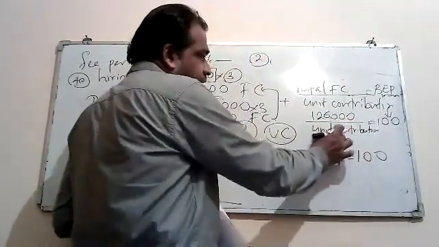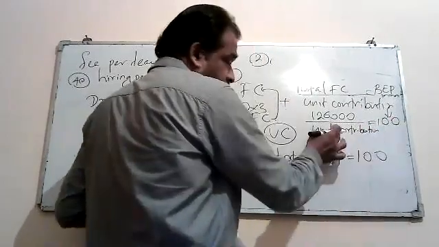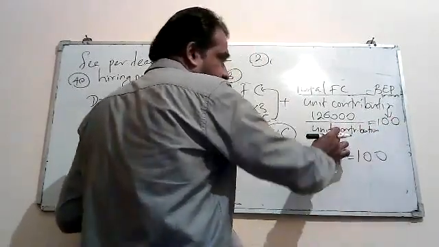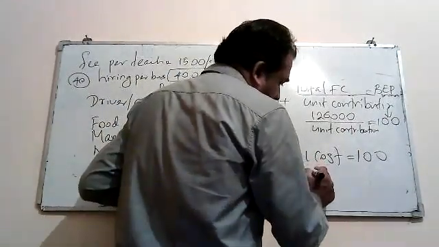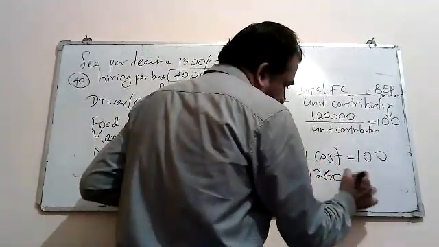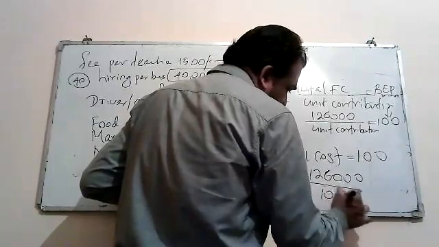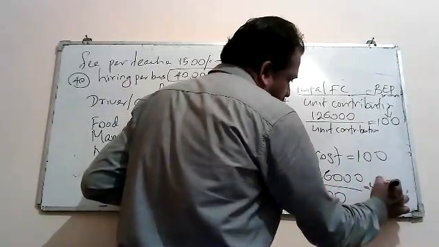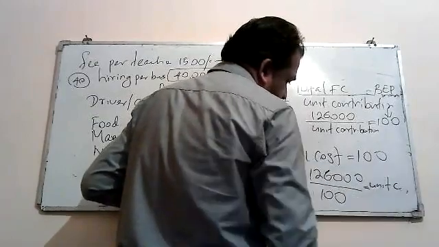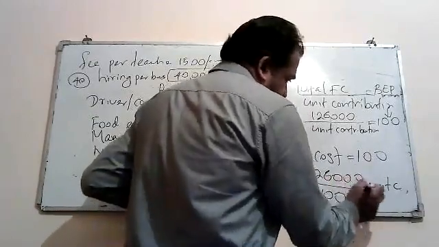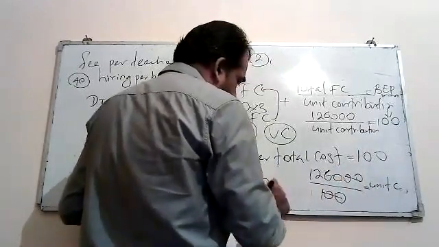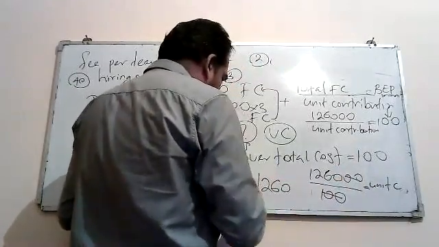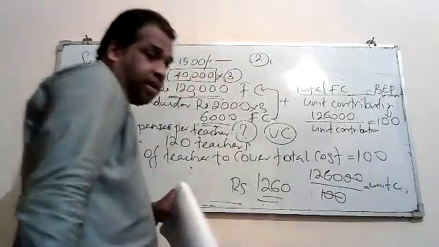Then you can take the unit contribution to the other side, since it is division. So 126,000 divided by 100 equals unit contribution. Then you can say 1,260. So 1,260 rupees will be the unit contribution.